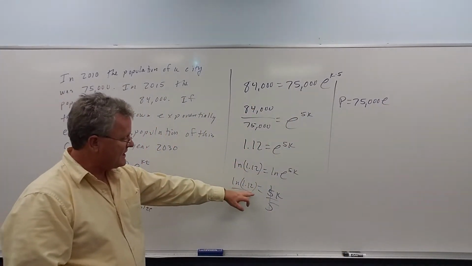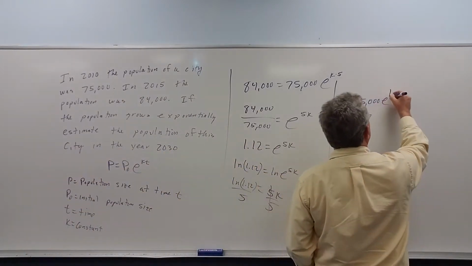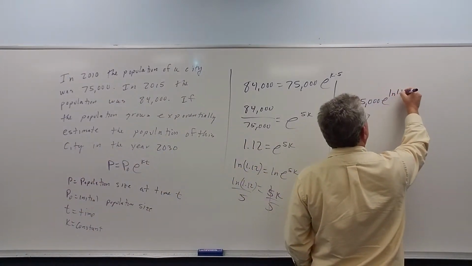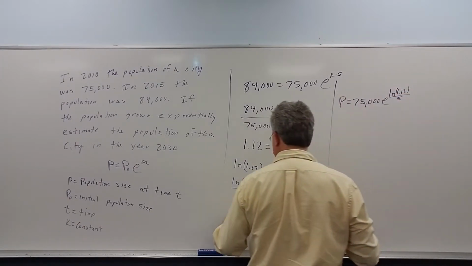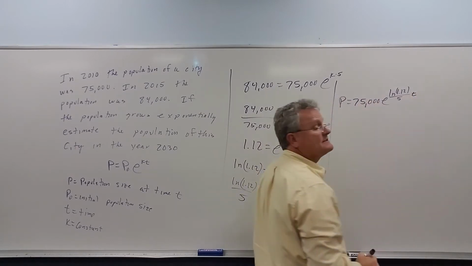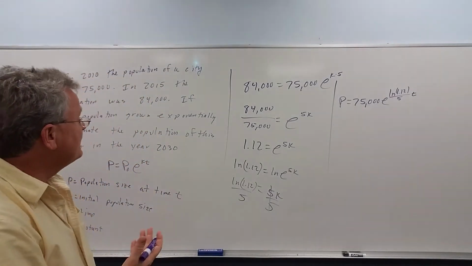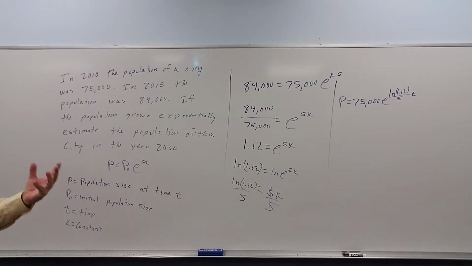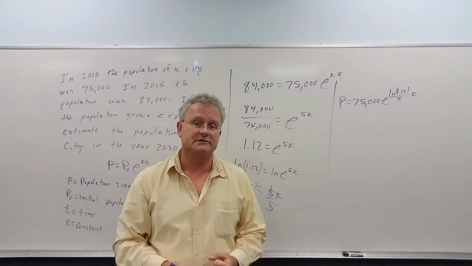We just found k. k is the ln of 1.12, and then that whole thing is divided by 5. So we get e to the k, and this exponent is multiplied by t. All right, so that is the formula for our population size.